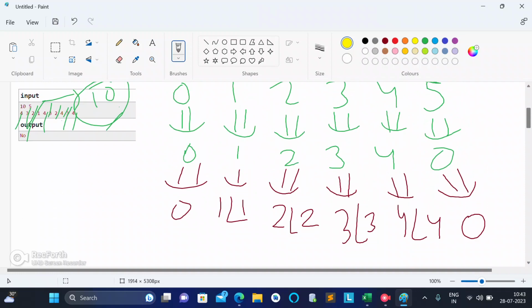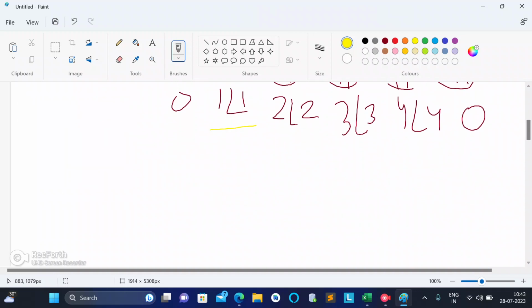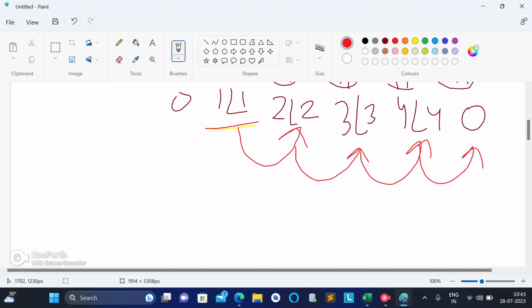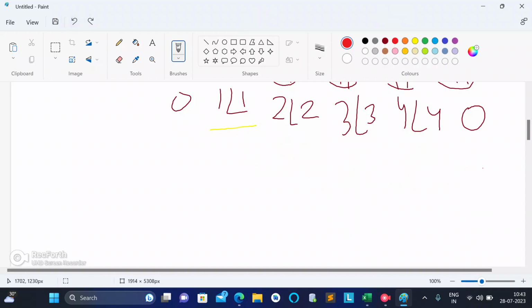So what we will do now is, let's try to convert this 1 factorial into 2 factorial, and then those 2 factorial into 3 factorial, then those 3 factorial into 4 factorial, and then those 4 factorial into 5 factorial. So let's try to convert that. We can see that the 1 into 1 factorial, if we want to make it into 2 factorial, what we will do is multiply by 2 and divide by 2.